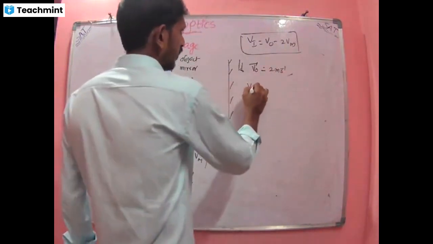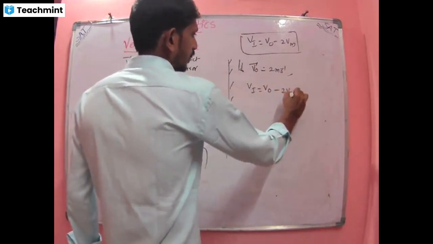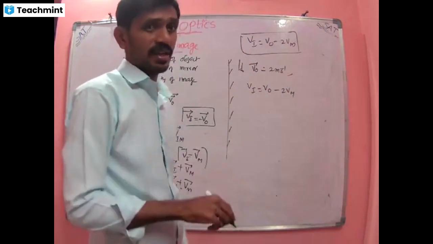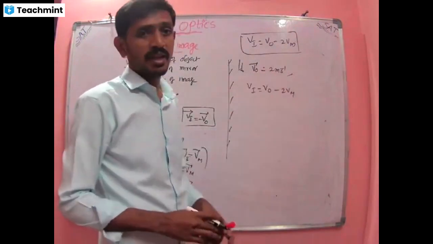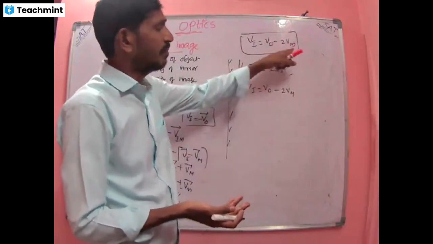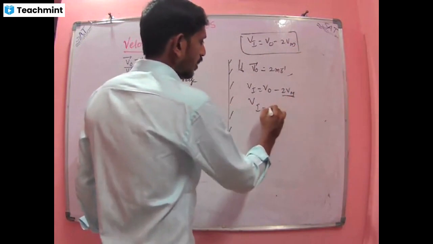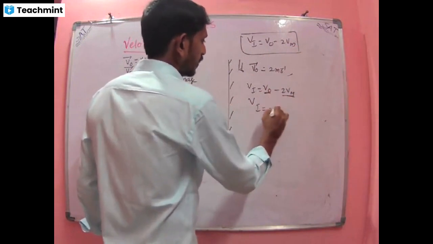You know the formula: velocity of the image equals velocity of the object minus 2 times the velocity of the mirror. The velocity of the mirror is not given, so we assume the mirror is not moving. So the velocity of the mirror is 0, and the velocity of the image is only the velocity of the object, 2 meters per second.